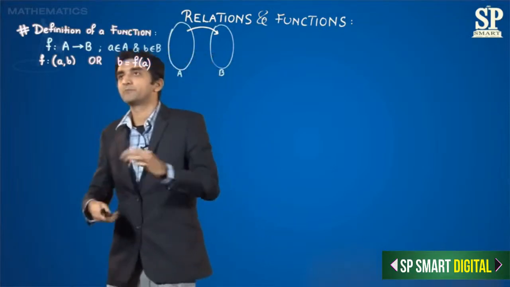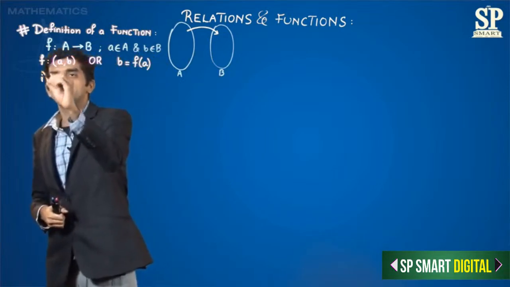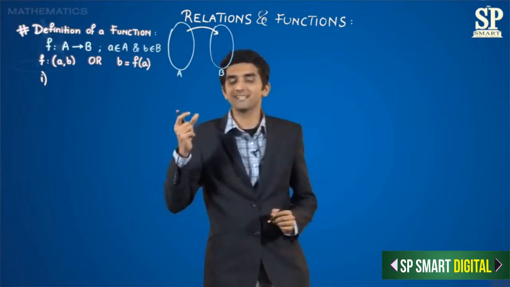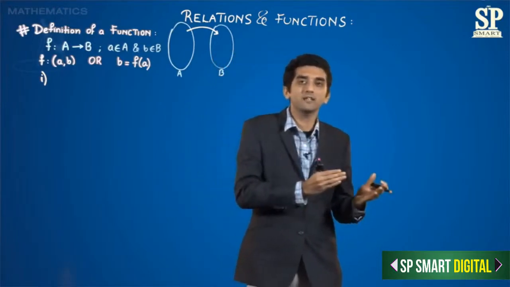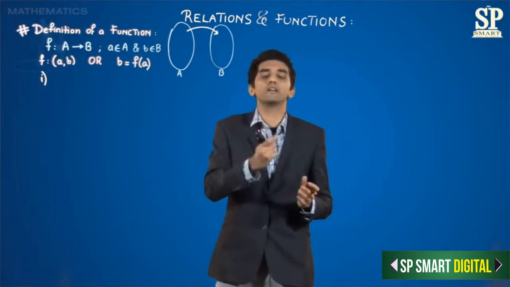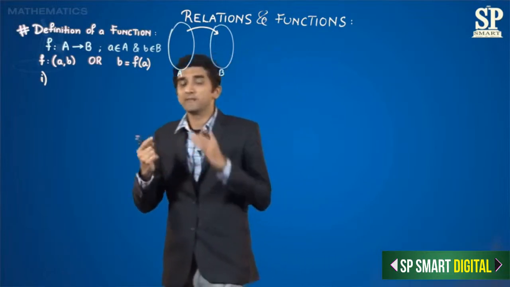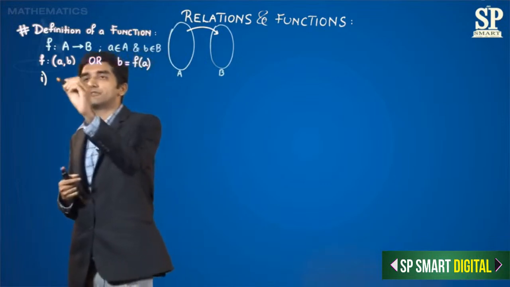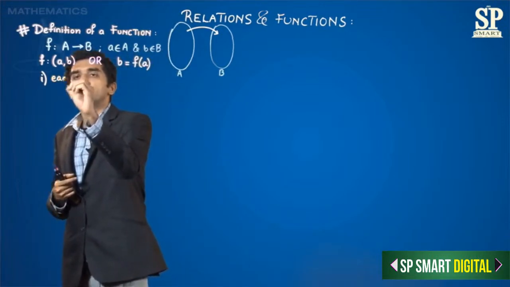Firstly, each element from the input set A is connected to a unique element from set B. I was focusing on the word each, and that is very important over here.